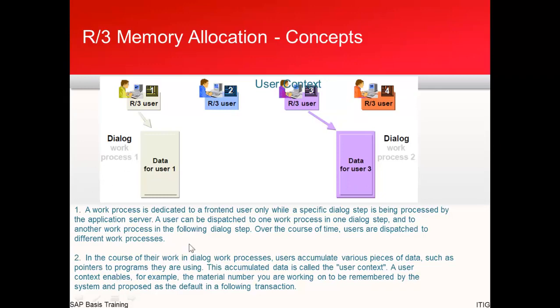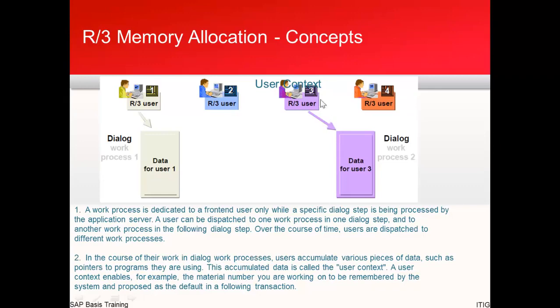In dialog processes, the user accumulates various pieces of data such as pointers to programs they are using. The accumulated data is called the user context. A user context enables, for example, the material number you are working on to be remembered by the system and proposed as the default in a following transaction.